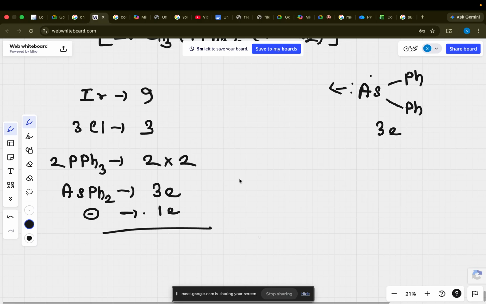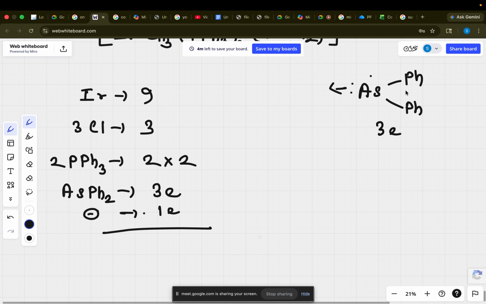AsPH2. Nitrogen, phosphorus, arsenic. So basically nitrogen has 5 valence electrons. 2 electrons are already involved here.